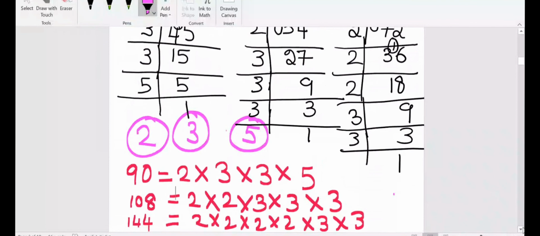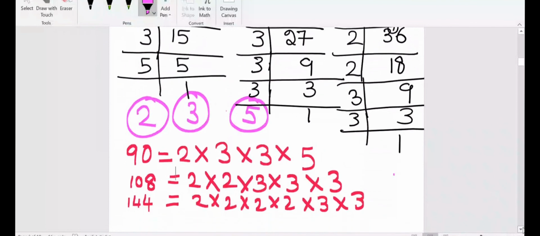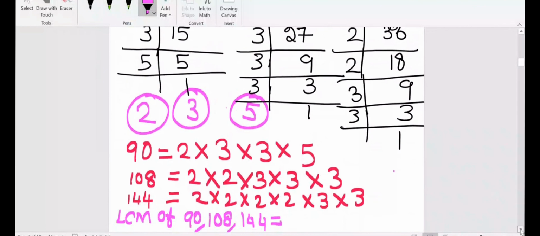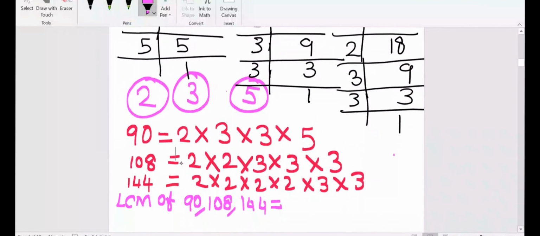Okay. Now follow the same step I taught for the first LCM. Write down LCM of 90, 108 and 144. Okay, now what is the first step? First let us move with the 2. Find out which number got more times or repeatedly.